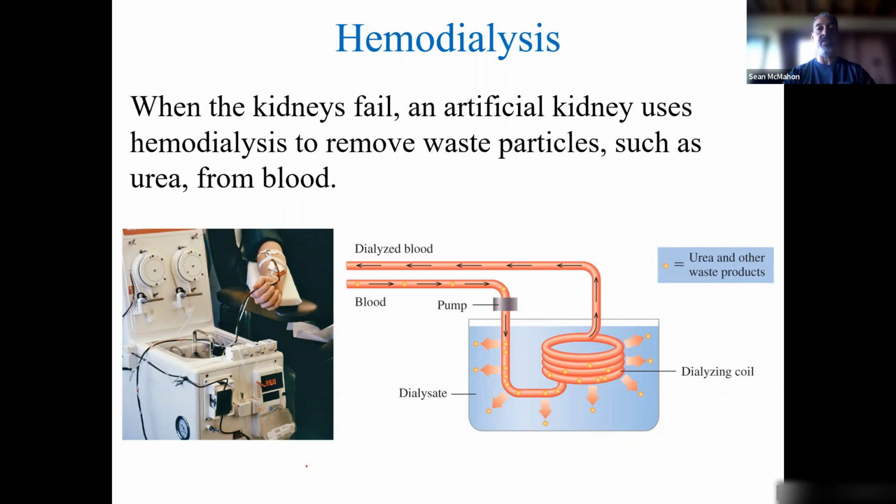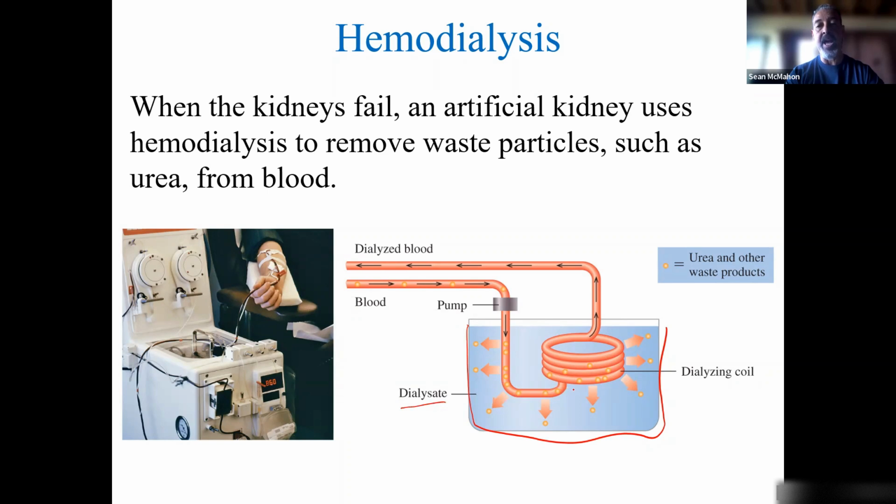So you're hooked up to a hemodialysis machine, and you see that the blood goes through a coiled semi-permeable membrane structure, and the coiled filter is placed in a very low hypotonic solution referred to as the dialysate.